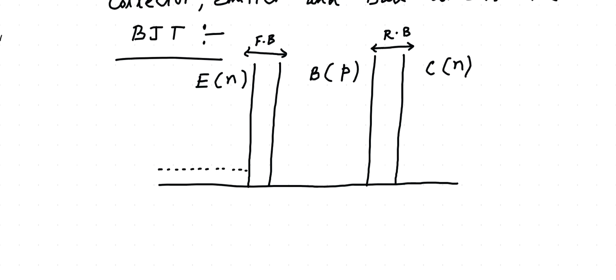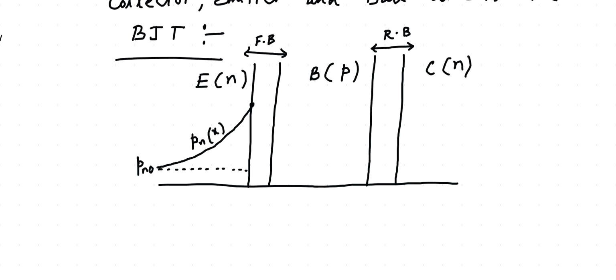Here the hole will be considered as the minority carrier concentration, and we have already done this in our PN junction chapter. You can revisit the video on the minority carrier concentration distribution in a PN junction. So this is our variation of the hole in the N region. I'm writing it as Pn as a function of x, of course. And this is the thermal equilibrium concentration, which is Pn0, right?